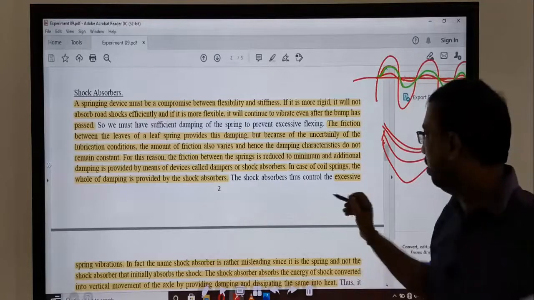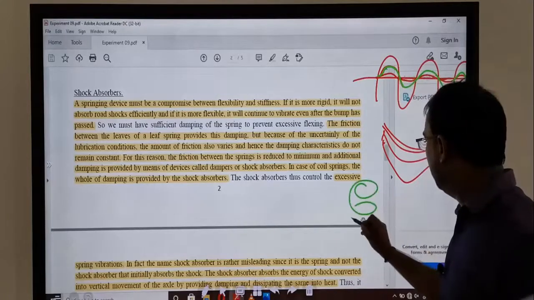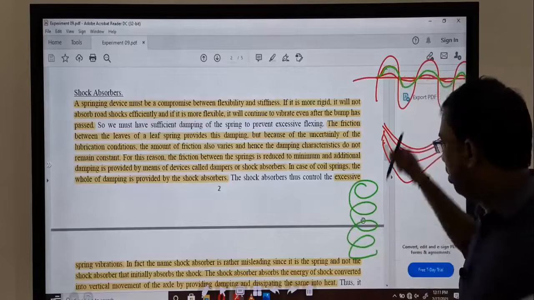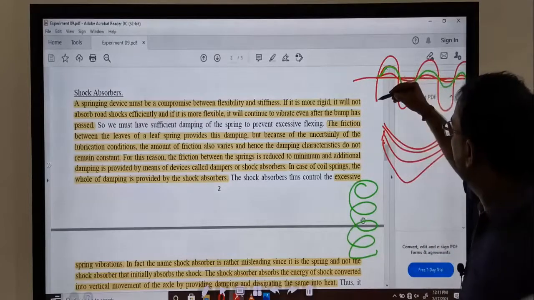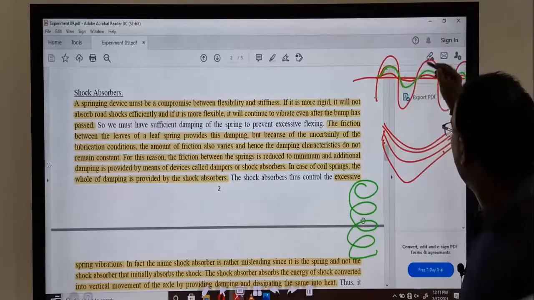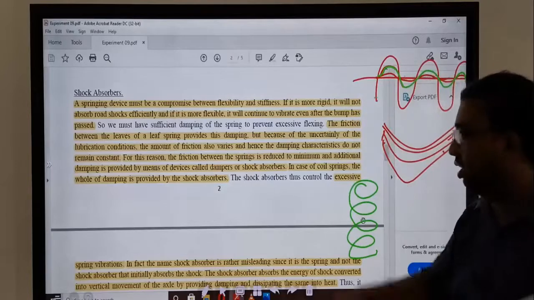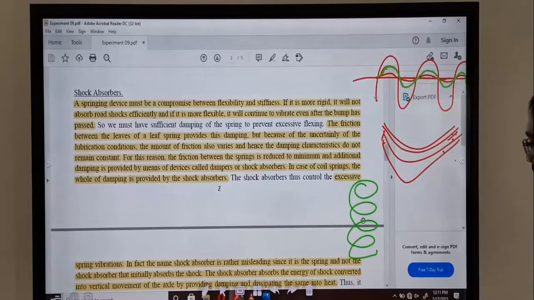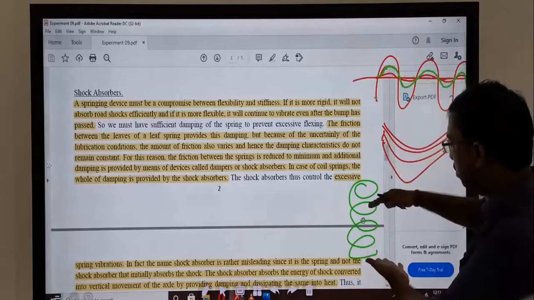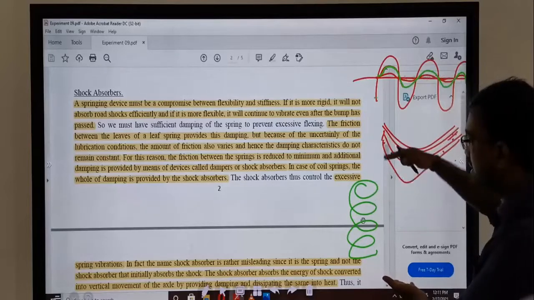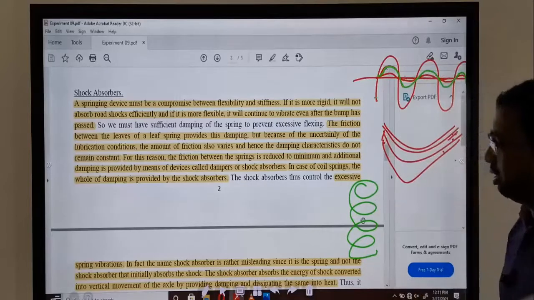A coil spring is very flexible, and shows this amount of oscillation. We have to reduce this oscillation, which is done by dampers.